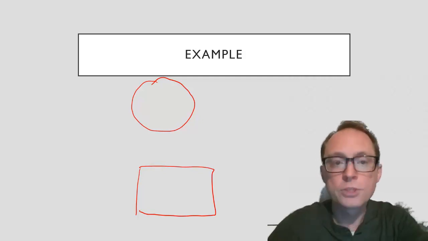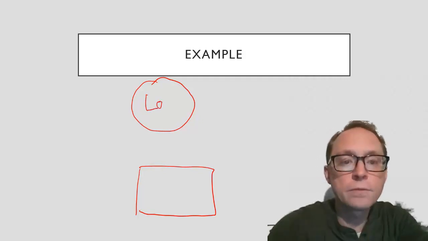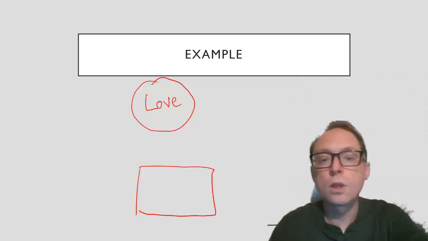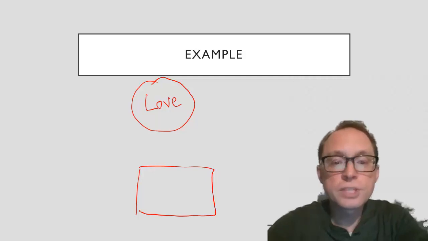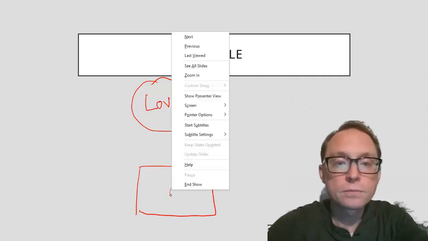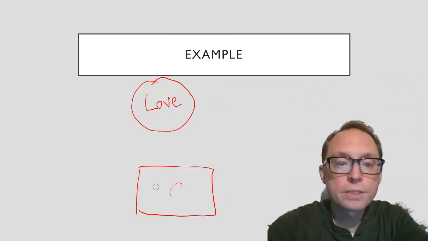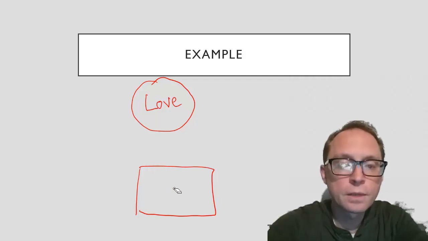Okay? Conceptual variables like love will be represented in circles. But the operationalizations, the way you measure or manipulate that down here, is going to be a square.